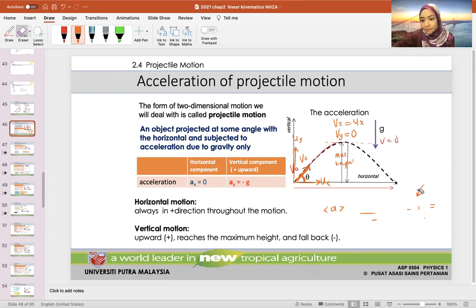Okay, and then when it reaches the maximum height, this maximum height corresponds to V equals to 0. So if you're using the V equals U plus AT equation, this guy needs to be a 0 because we are trying to find the time taken to reach this point, which is the maximum height. When I'm solving this equation for time, I get the time over here, not at the end. This is very important.